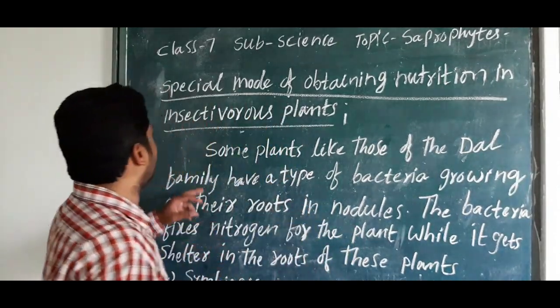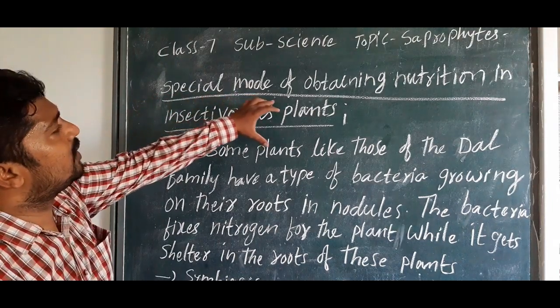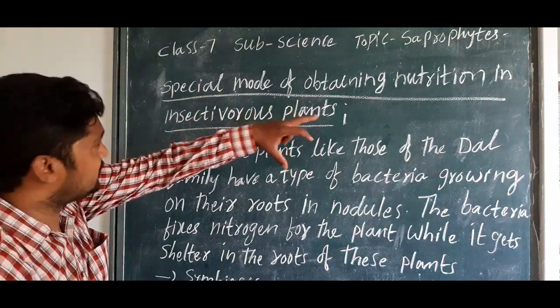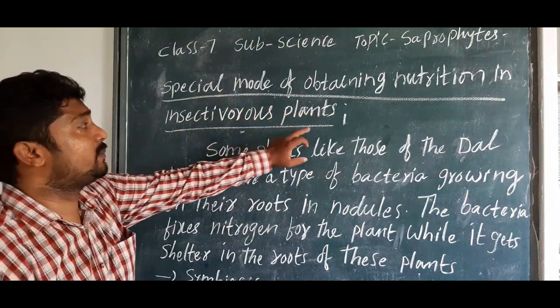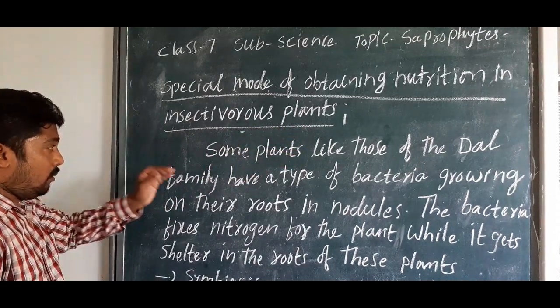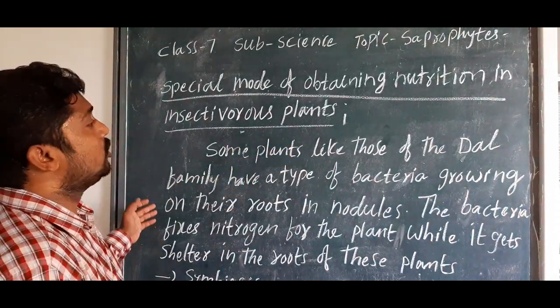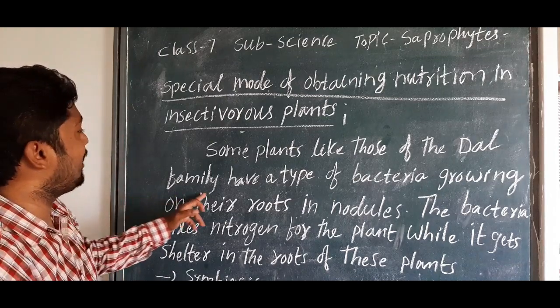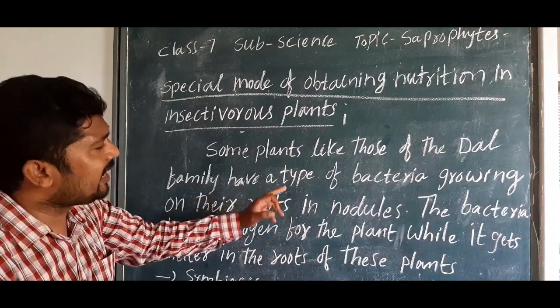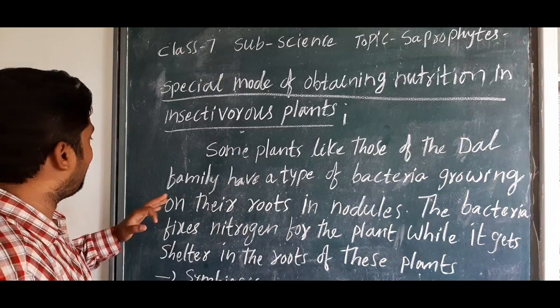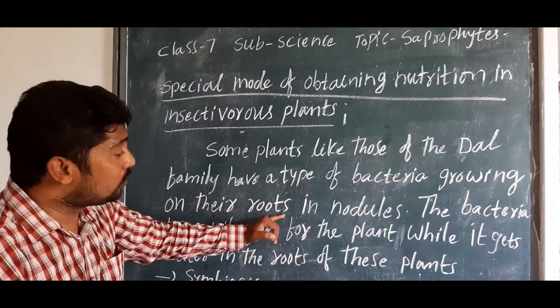Let's see a special mode of obtaining nutrition. Some plants, like those of the dal family, have a type of bacteria growing in nodules on their roots.